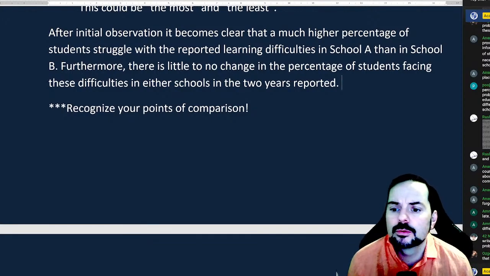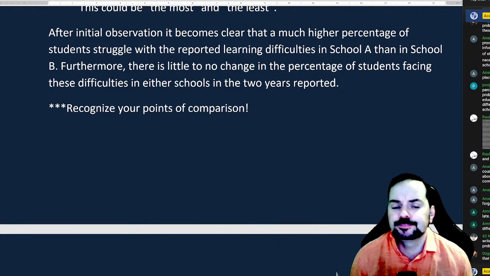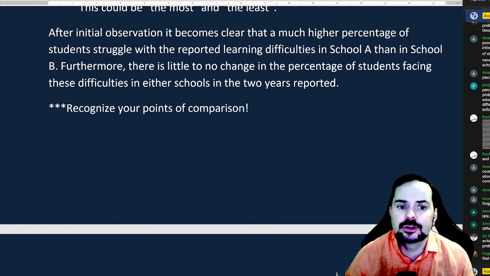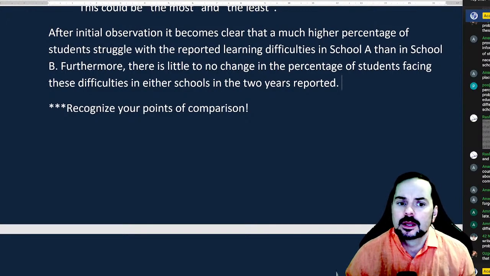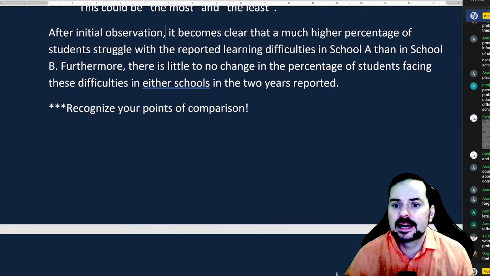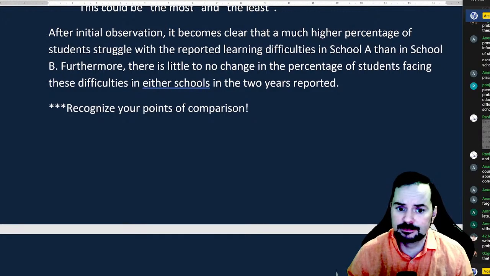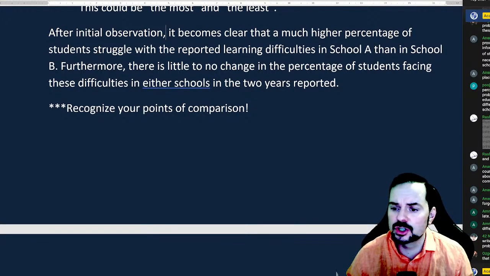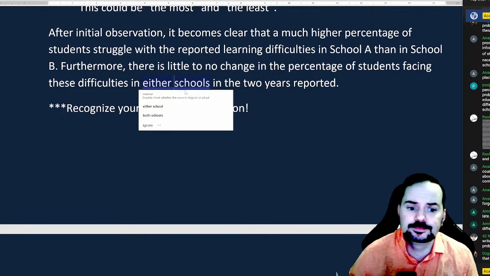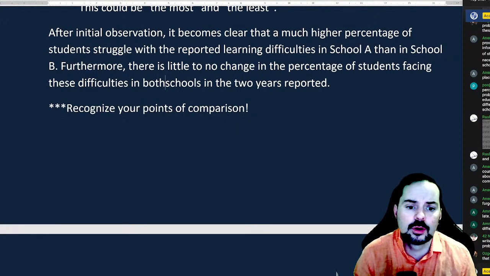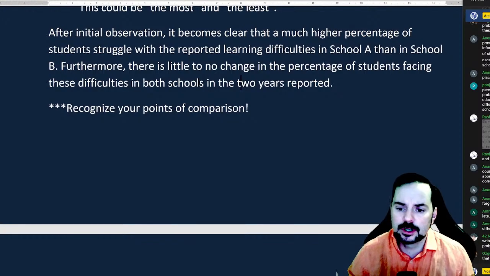Okay, so there is my overview. After initial observation, it becomes clear that a much higher percentage of students struggle with the reported learning difficulties in School A than in School B. Furthermore, there is little to no change in the percentage of students facing these difficulties in both schools in the 2 years reported.